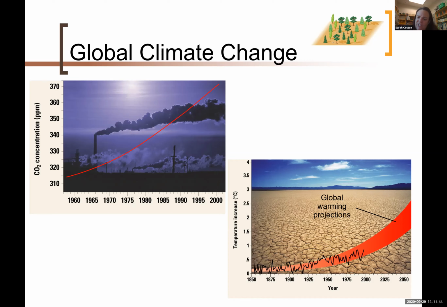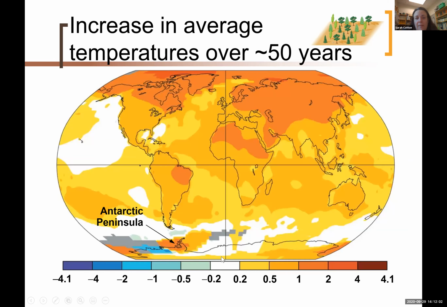But what we're seeing is a pattern, a trend of increasing temperatures that matches the increases in carbon dioxide concentration, right? And the reason that the carbon dioxide is increasing is because we're burning ever more fossil fuels, okay? So worldwide, temperatures have gone up quite a bit, right?